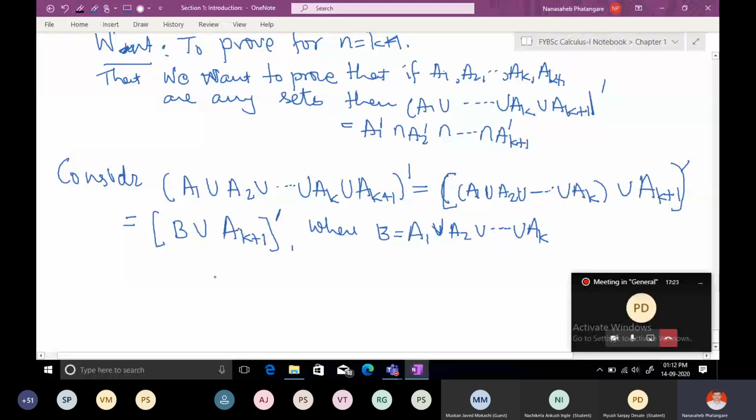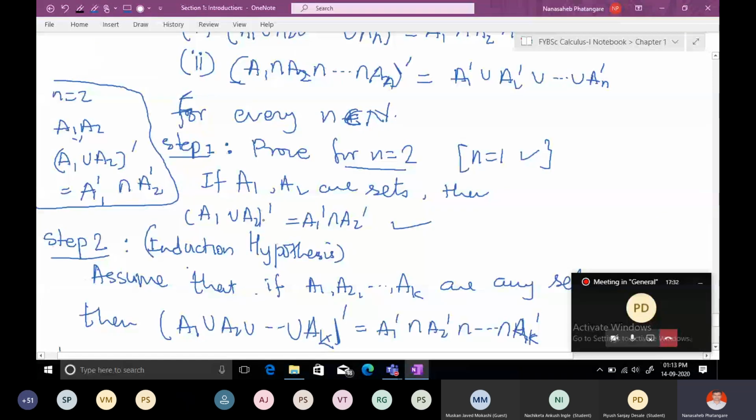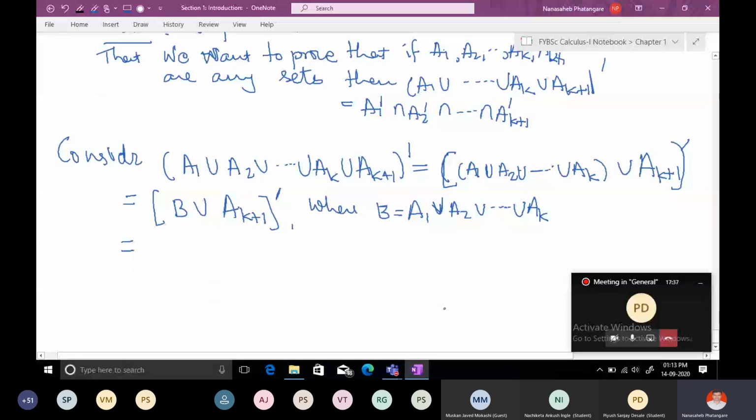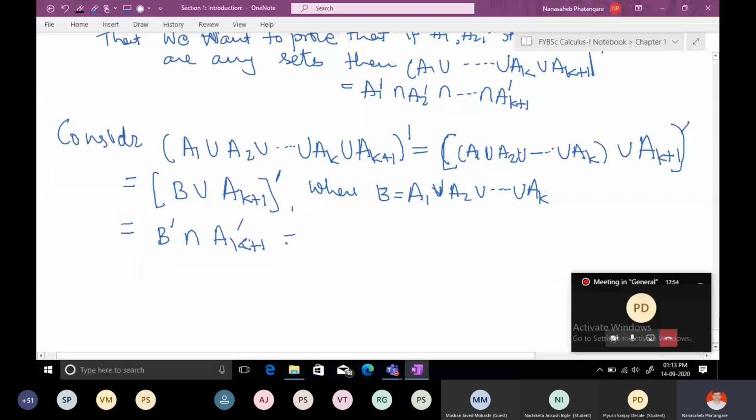But already we know that if you have two sets, then the complement of the union is the intersection of their complements. Therefore can I say that this is the same as B complement intersection ak plus 1 complement? Can I say this immediately? Yes, because these are only two sets, and we are sure about two sets.